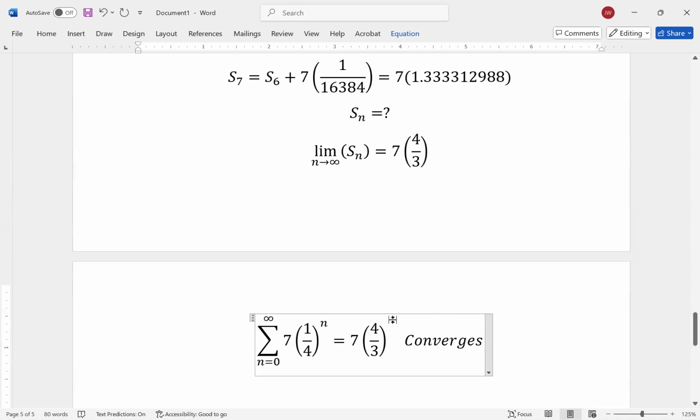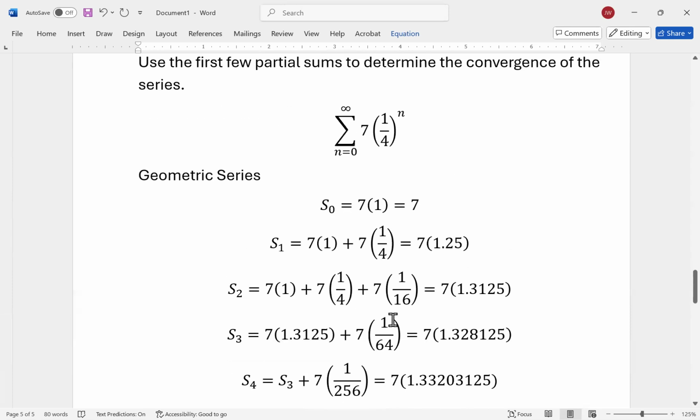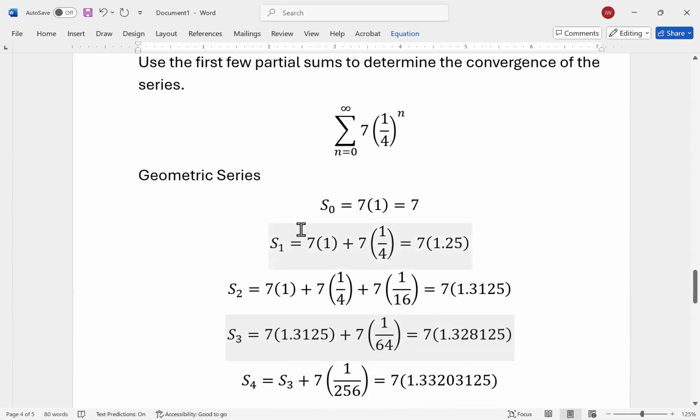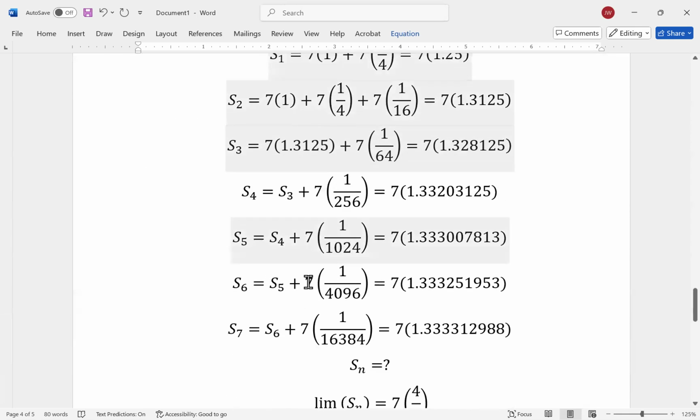Now, it turns out for a geometric series, obviously this took a minute to get all of these partial sums. So you might say, well, is there a better way?